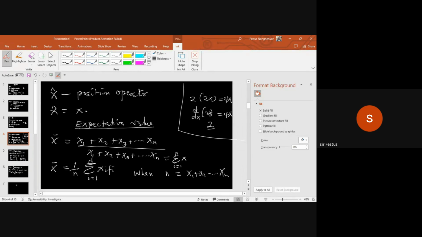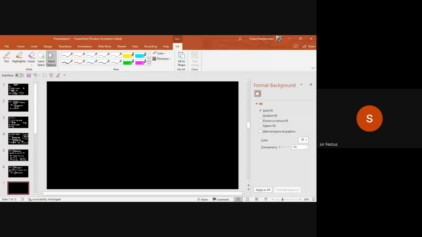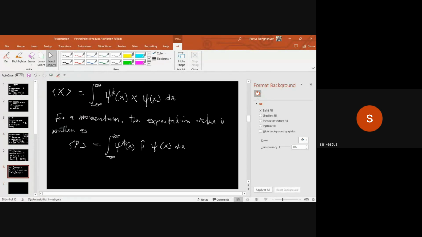So when you come here, I can now rewrite my momentum operator, since I know that my momentum operator is defined as minus i h-bar d on dx.